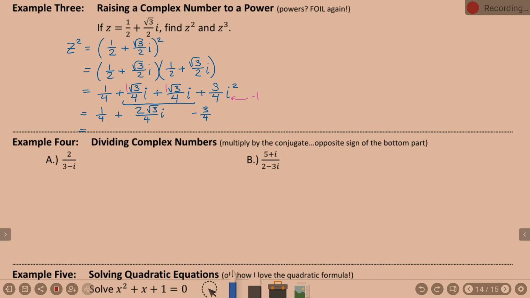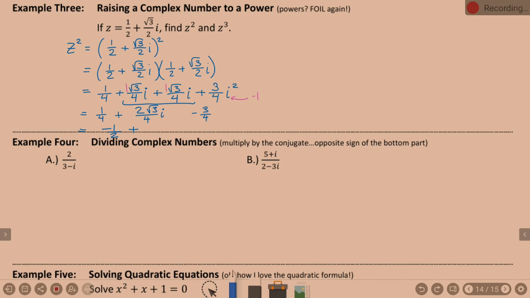What is 1/4 minus 3/4? Yeah, 1/4 minus 3/4 is -2/4, but we know better, and we're going to reduce -2/4 to -1/2 plus 2 square root of 3 over 4 times i.